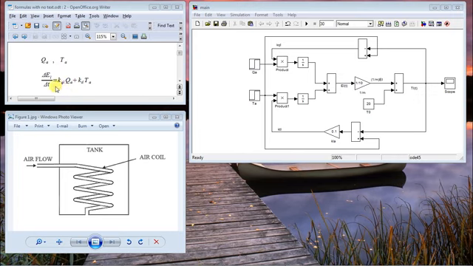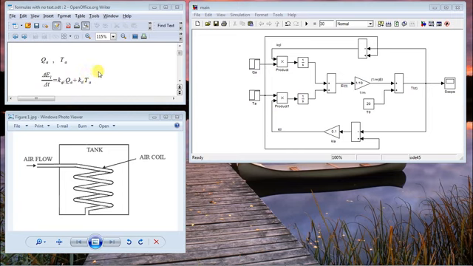So this is a constant depending on the material out of which the coil is built and other factors. And it characterizes the way that the airflow transfers its heat to the liquid. And the same goes for KTL.